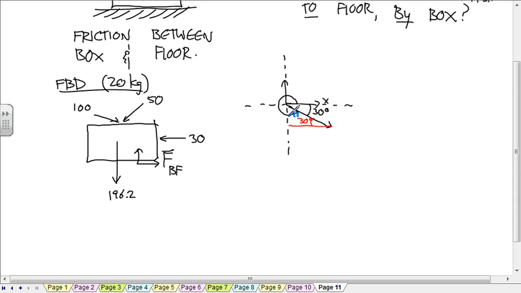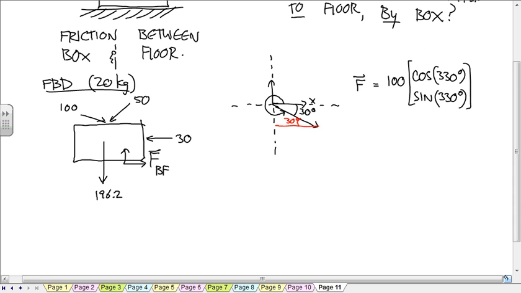It's 30 degrees short of that, so 360 minus 30 is 330. So the force vector is the magnitude, 100, times the cosine of 330, sine of 330. And so you get a force vector of 86.6 and negative 50.